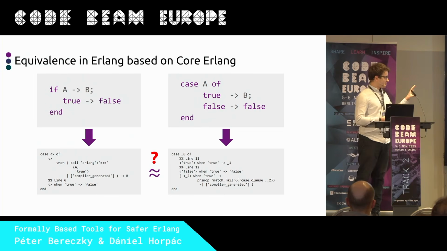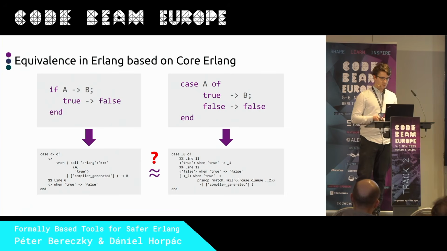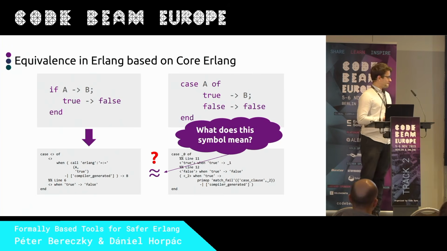We trust the Erlang compiler, and when we can prove the equivalence of the corresponding Core Erlang codes, you can infer the equivalence of the original Erlang codes. Obviously, in this case, what we want to prove is the inequivalence, because we just discussed that they shouldn't be equivalent.